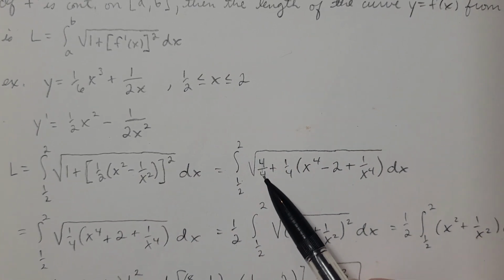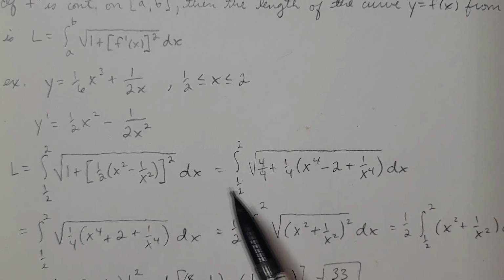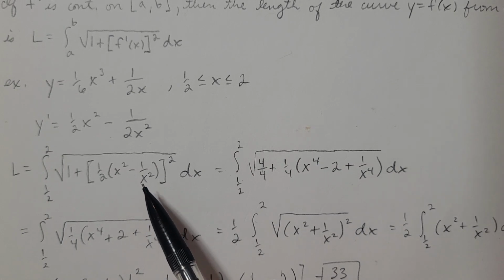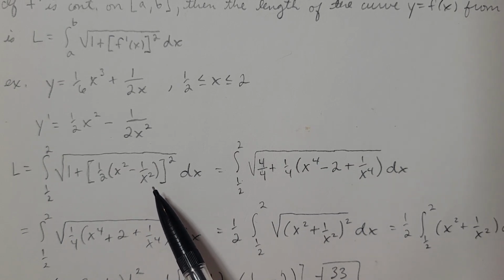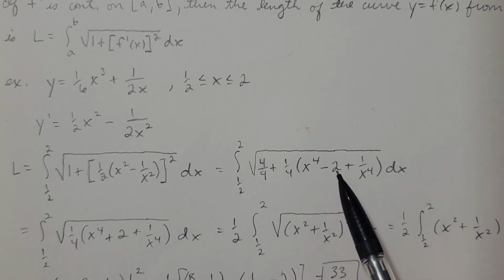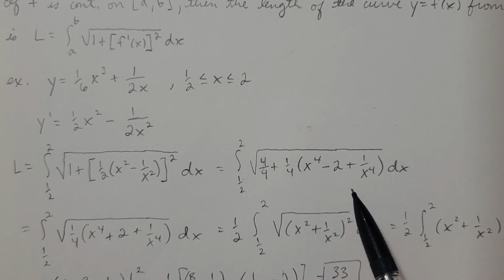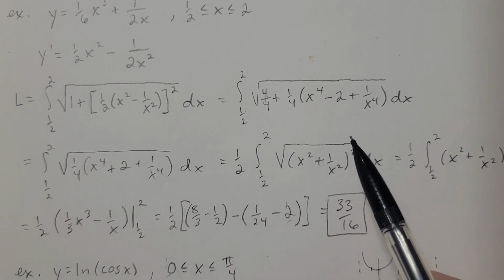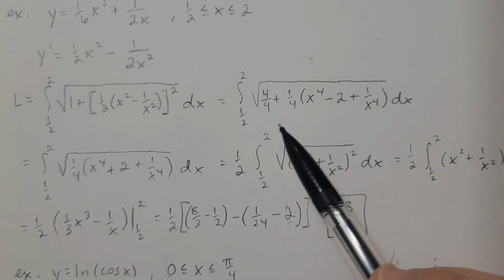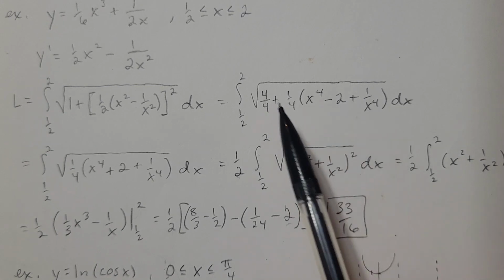1 is the same as 4 over 4. 1/2 squared is the same as 1/4. Also, when I square out x squared minus 1 over x squared, I get x to the 4th minus 2 plus 1 over x to the 4th. Okay? So then the next thing that I'm doing here is let me factor out a 1/4 out of these parts.